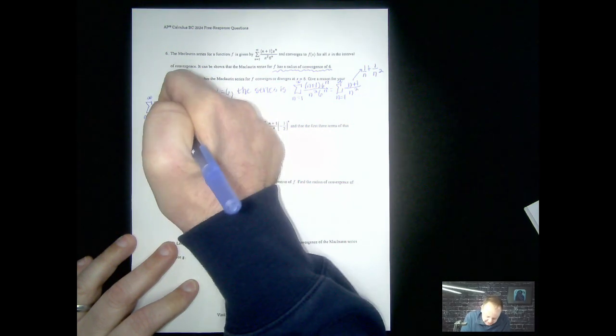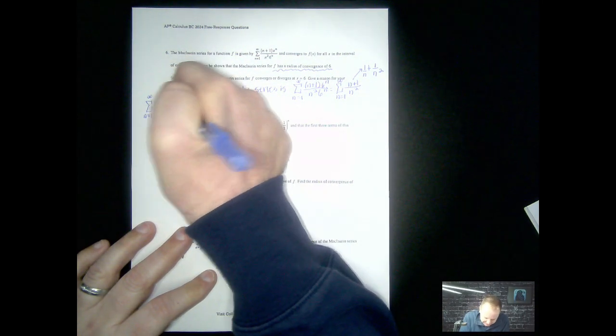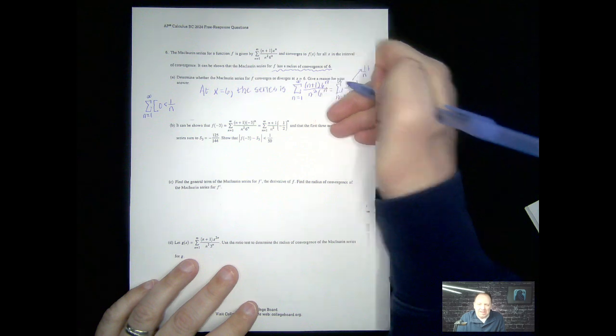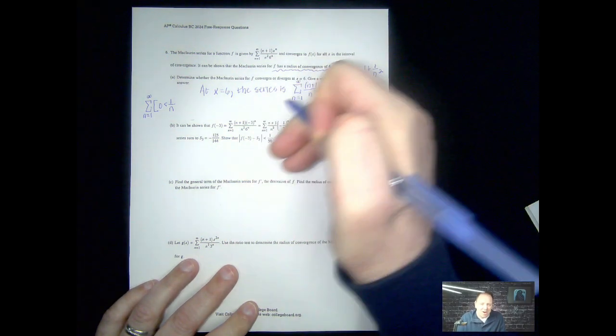So the sum is n equals 1 to infinity. Let's do a compound inequality of that. So it's always going to be 0 less than, I mean, these are always positive sums. And 1 over n is my harmonic, or my p-test. I'm going to compare this to 1 over n.